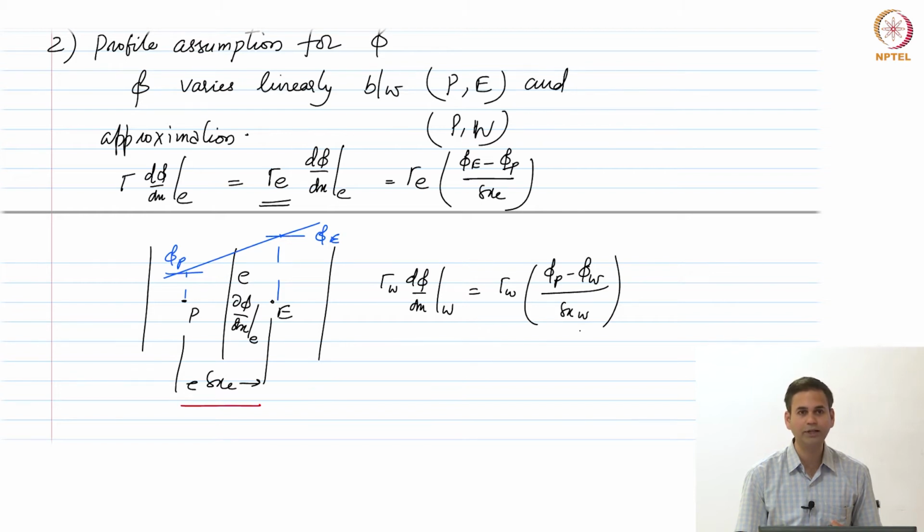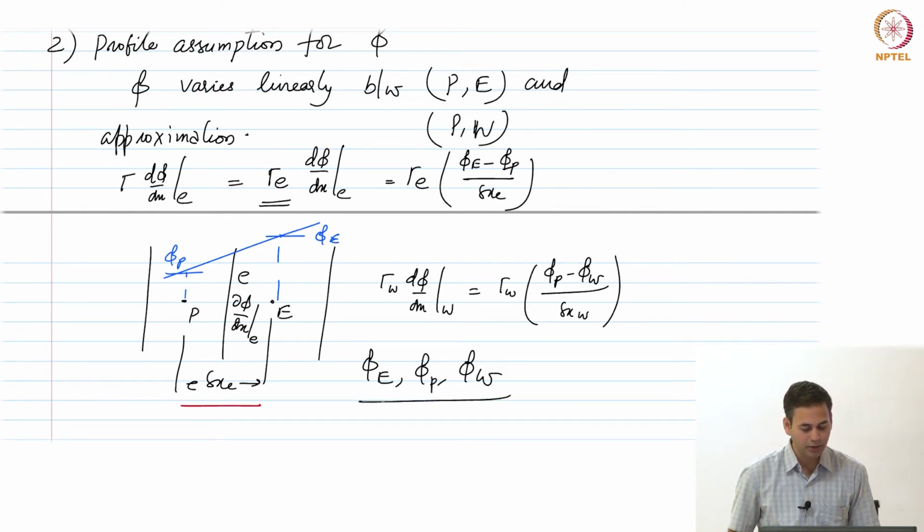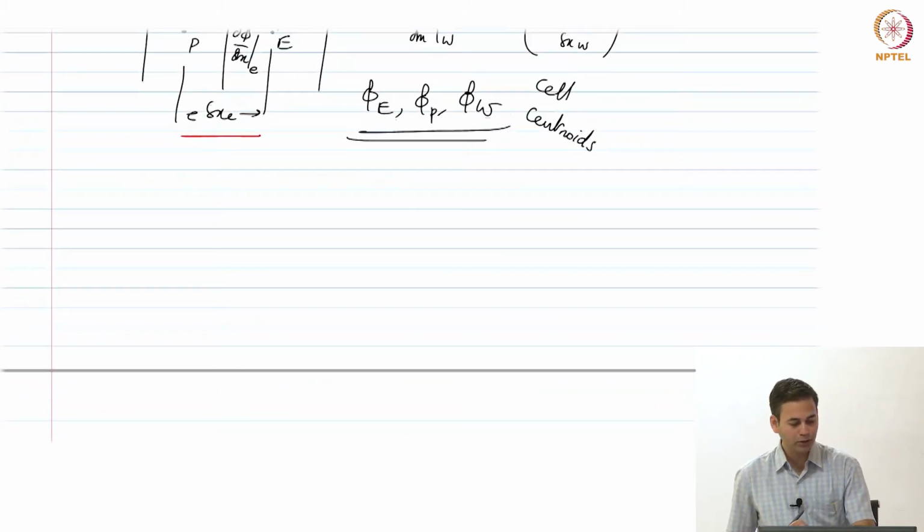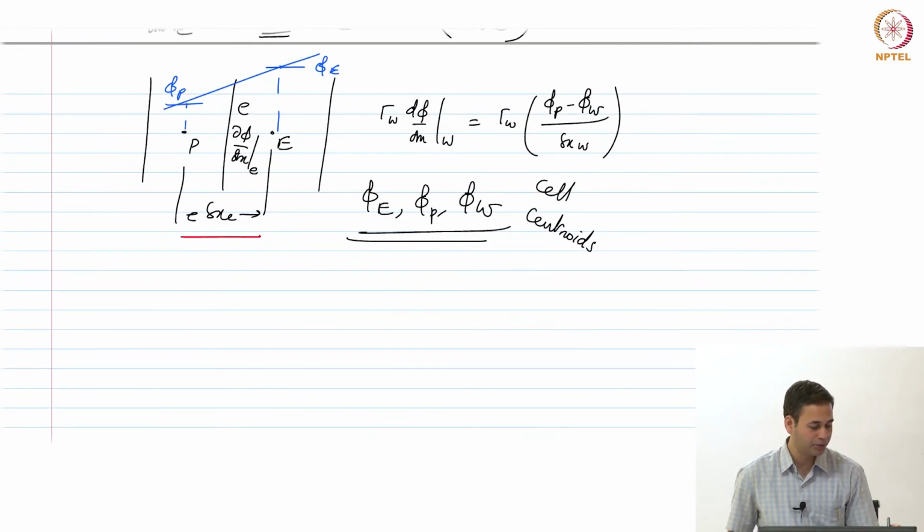So, what we have in a sense done is, we have brought back the value of phi at the cell centroids. Now, we have an equation which involves phi east, phi p and phi w, and these are all at the cell centroids. All right, very good. So, then we will go back to our equation and substitute these things.